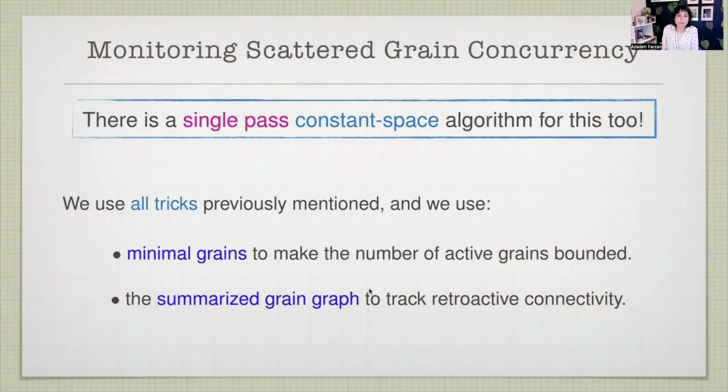And those are the two tricks that we needed to bound the memory of this to make it actually constant space. And we can argue, even if not based on anything else, based on the simple dumb example that I showed you that motivates this, that being able to choose the scattered grains gives you strictly more power in terms of prediction and declaring the equivalence class compared to contiguous grains.